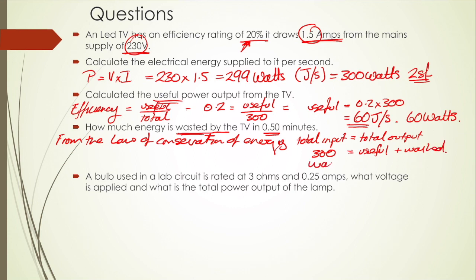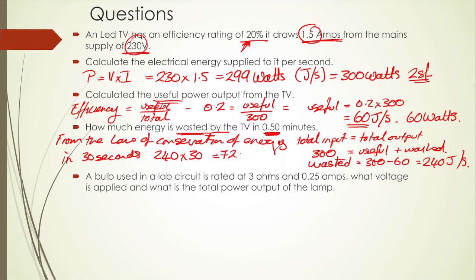So the wasted equals 300 minus 60, which equals 240 joules per second. Now we need to do this for 0.5 minutes, which is 30 seconds. It's 240 times 30, which equals 7,200 joules. Okay, so that's the answer for the last part there.